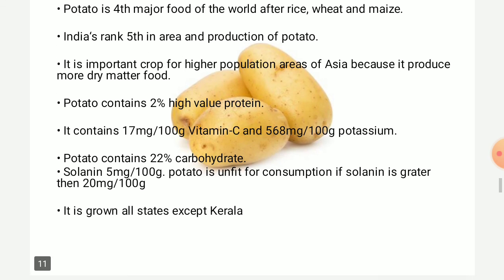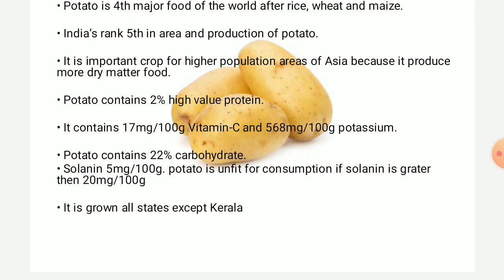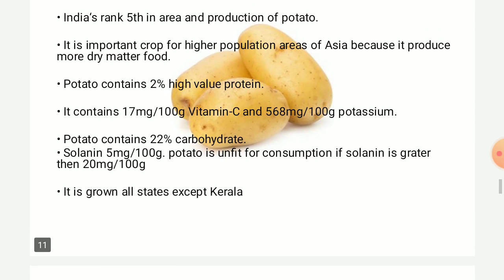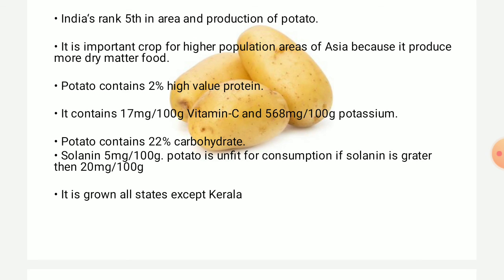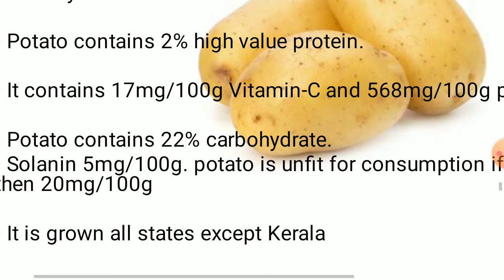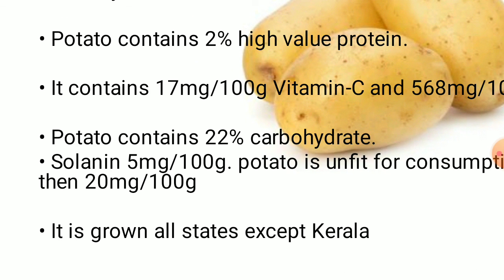The protein content in potato is 2%. It contains 17 mg vitamin C per 100 gram and 568 mg of potassium per 100 gram. Potato contains a very high amount of carbohydrate, that is 22%.